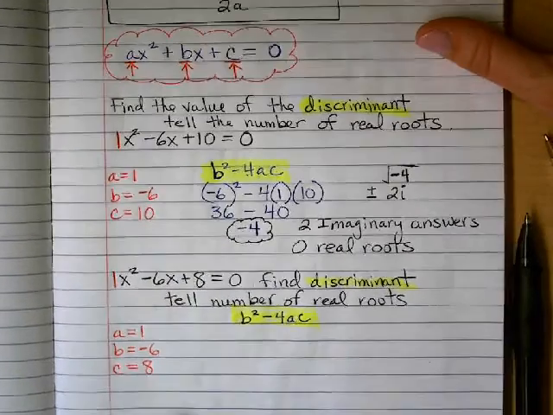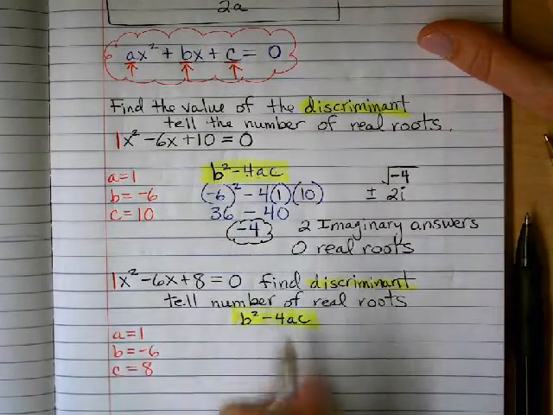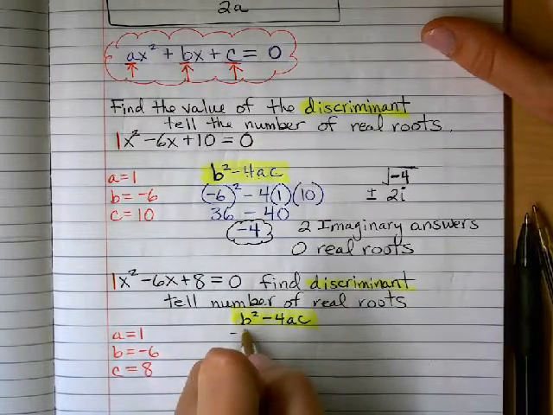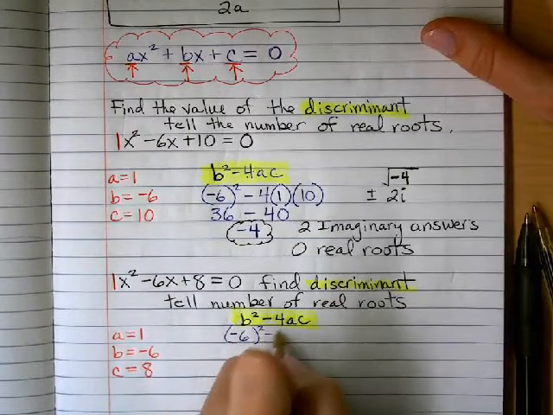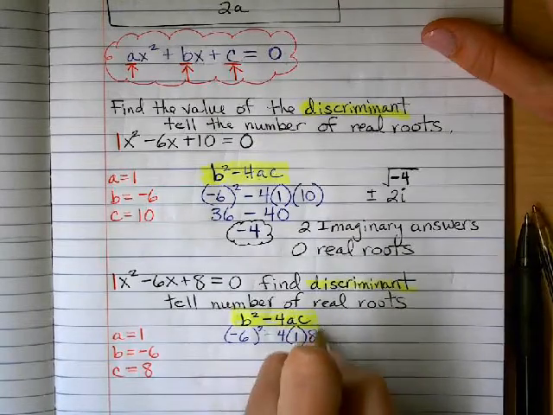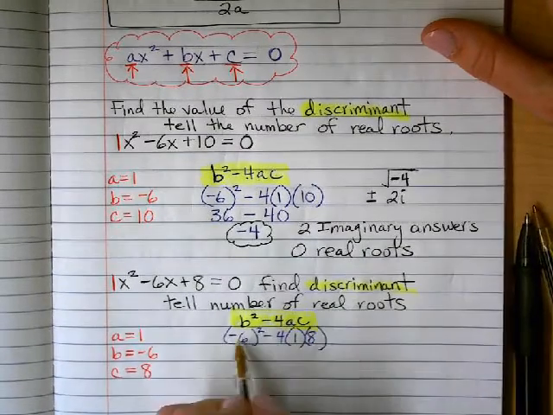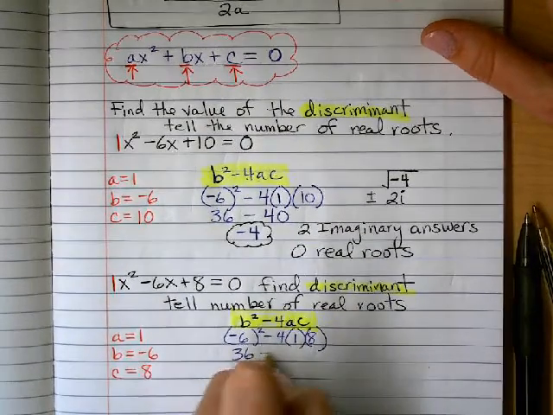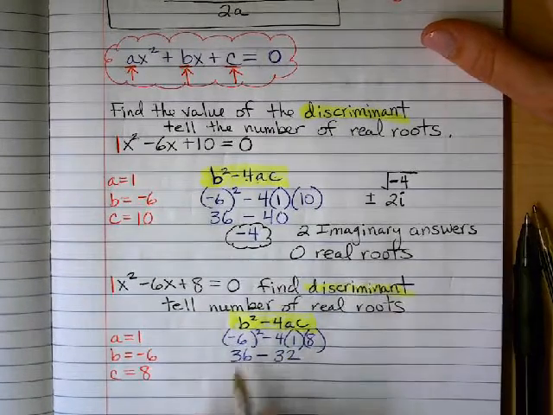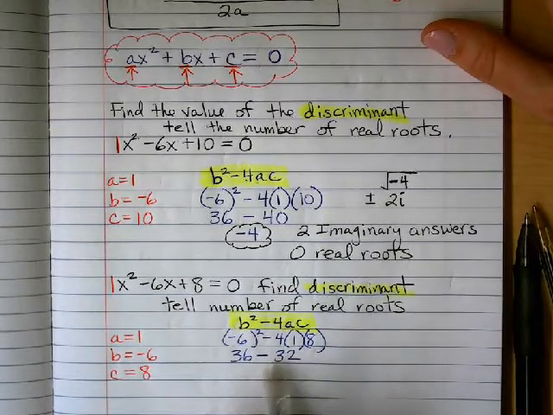So if we do b squared, that'd be -6 squared minus 4 times 1 times 8. That'd be 36 minus 32. This time I got a positive 4.